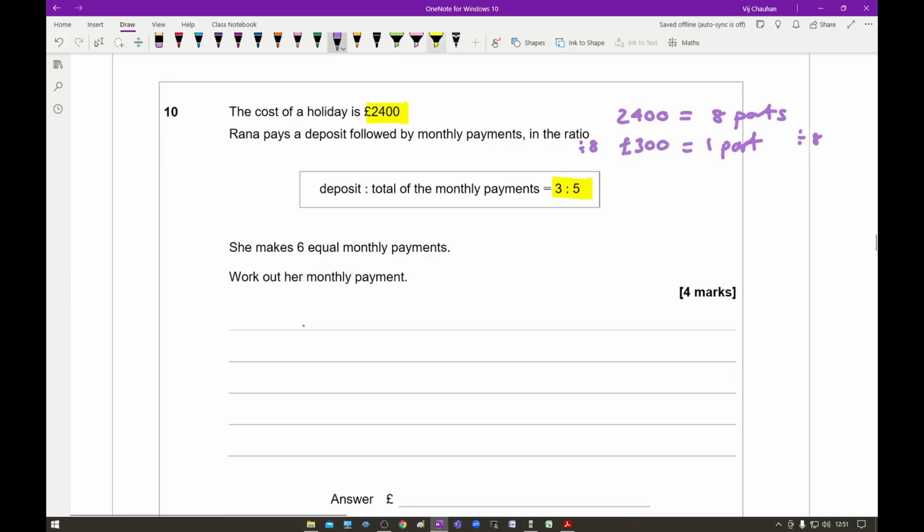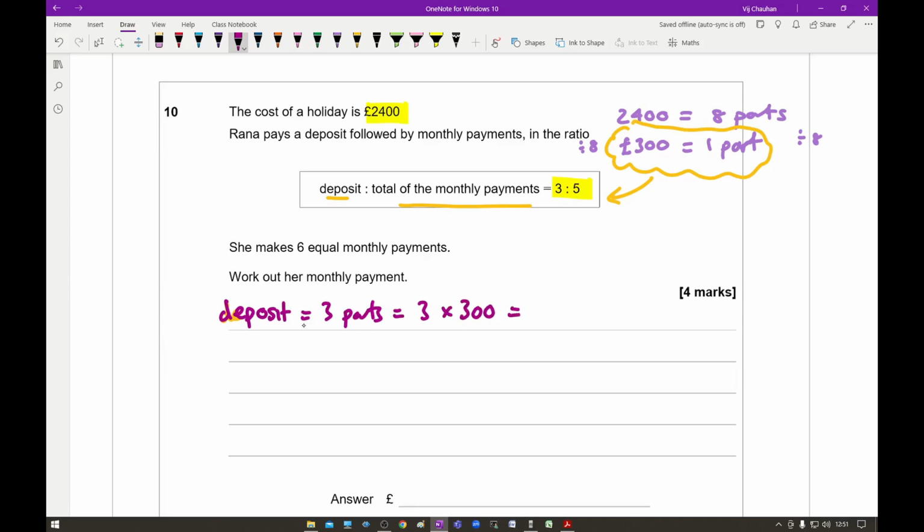Now using this bit of information here, I can then work out the deposit and the total monthly payment. So here the deposit, let's not use yellow because it might be difficult to see, equals 3 parts, which is going to be 3 times 300, which gives me an answer of £900.